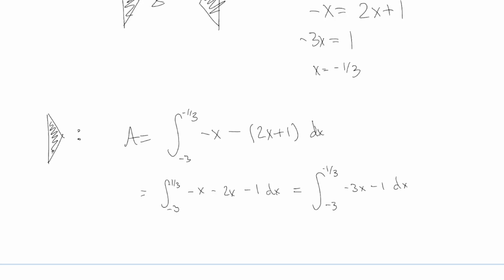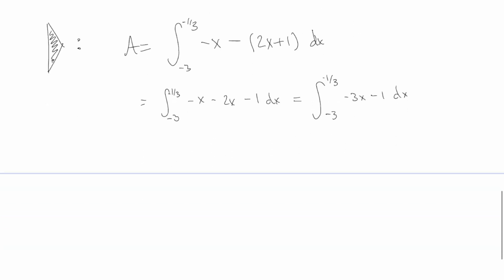So you do the usual thing with the exponents. I'm going to get -3/2 x squared, and minus 1 becomes just x. Remember, a constant by itself inside the integral becomes that constant times x. And then we're going to plug in the two values: -1/3 first, and then subtract and plug in -3.